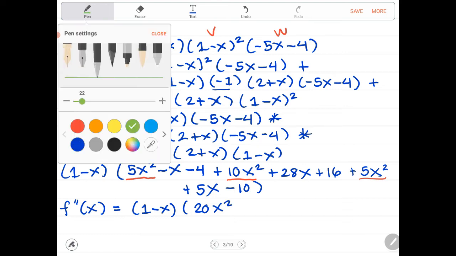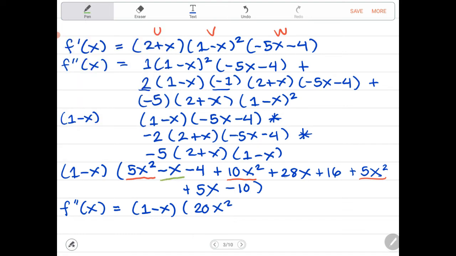For those with x, 1, 2, 3, that is 33 minus 1, so plus 32x.